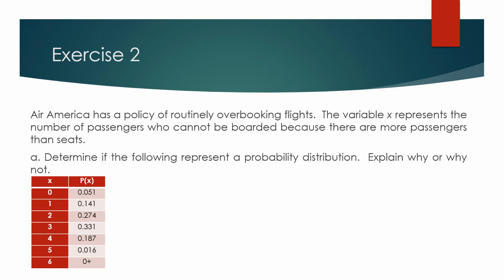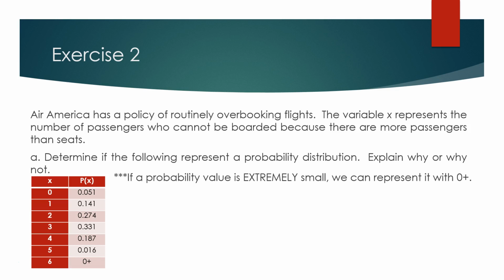So determine if the following represents a probability distribution, explain why or why not. One note to make is that if a probability is extremely small, and this is going to happen a lot as we go on into the course, we are going to represent it with the 0 plus. Basically what this means is you might have called this a machine zero.